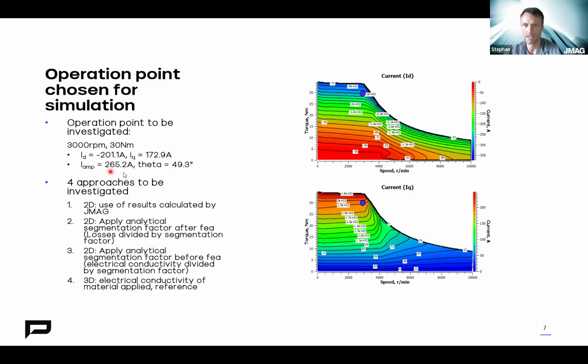In the end, I fed this current amplitude with this angle to the e-motor. These graphs were created with the efficiency study in JMAG, so it was quite easy to extract the current and angle from the simulation results. And now I would like to investigate this operating point with these 4 approaches.